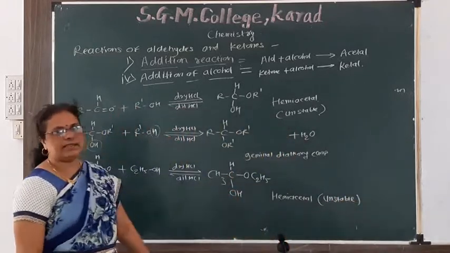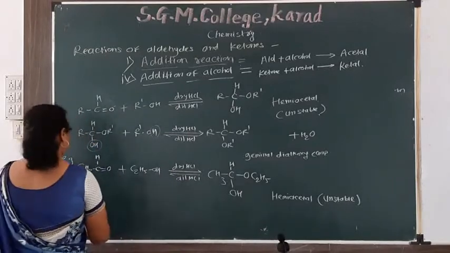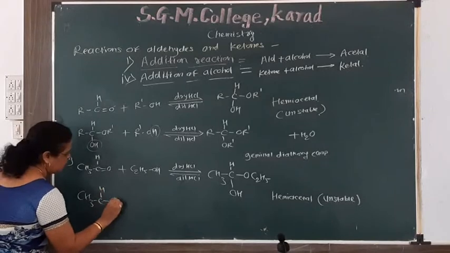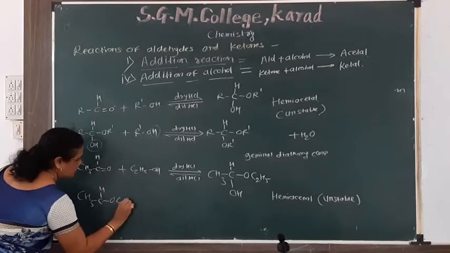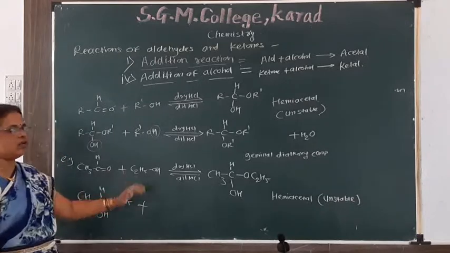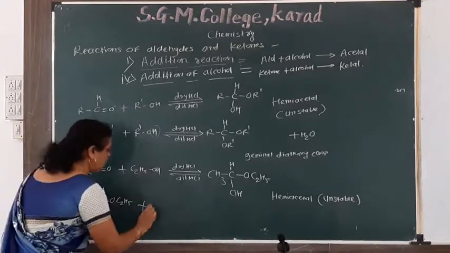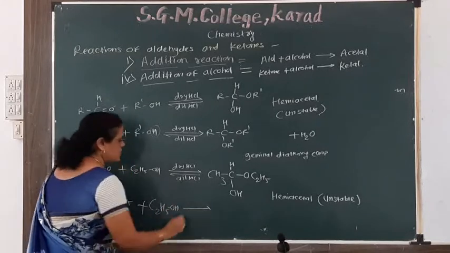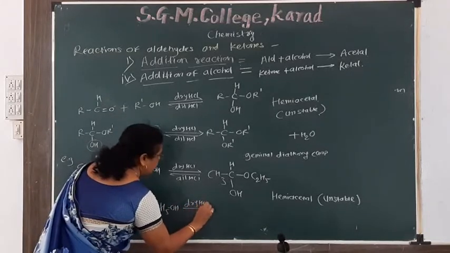Then this hemiacetal, that is CH3CH, OC2H5, here OH, is again treated with another molecule of ethyl alcohol, in presence of dry HCl.